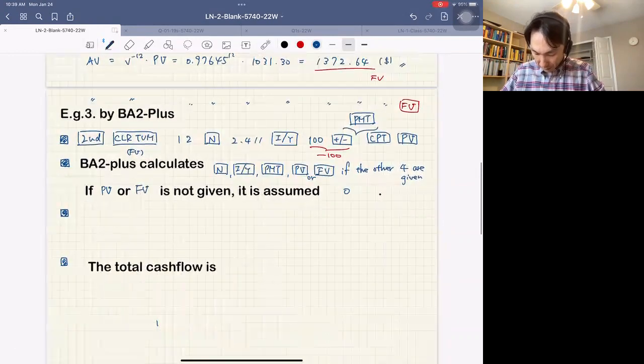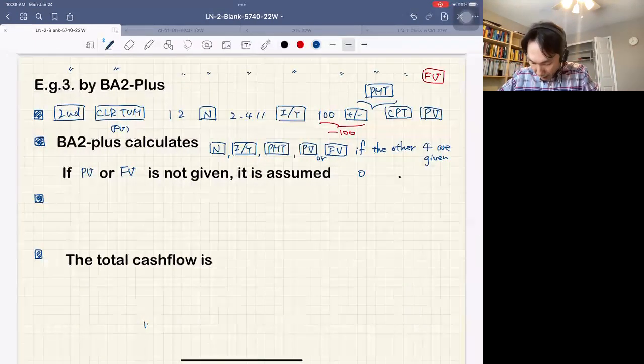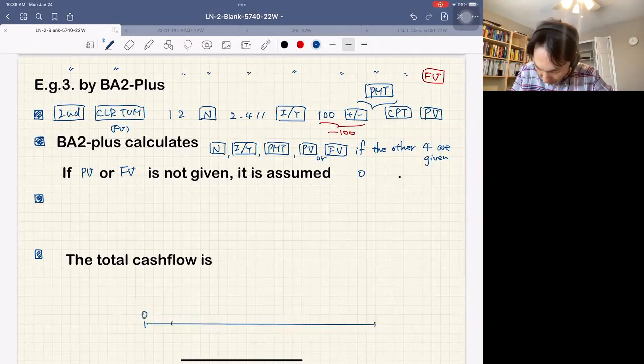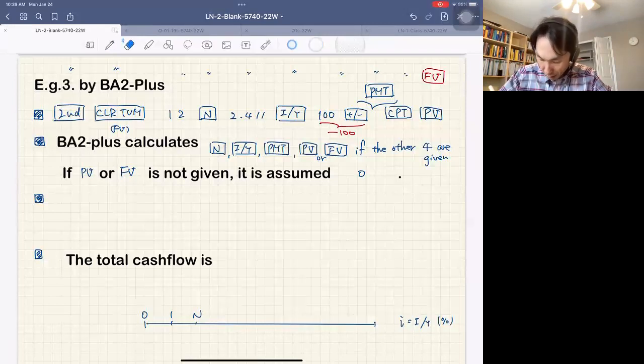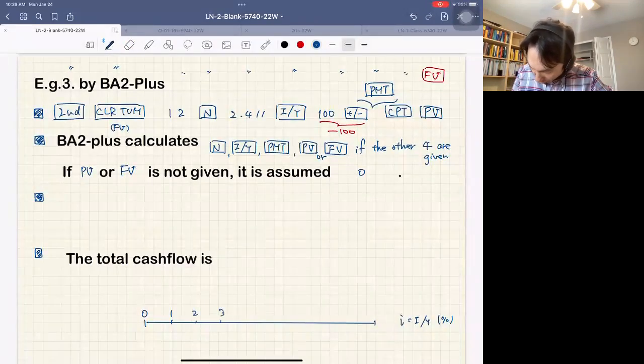We have time 0 to N. The interest rate is I over Y, which is given as a percent. Then we have periods 1, 2, 3, up to N.